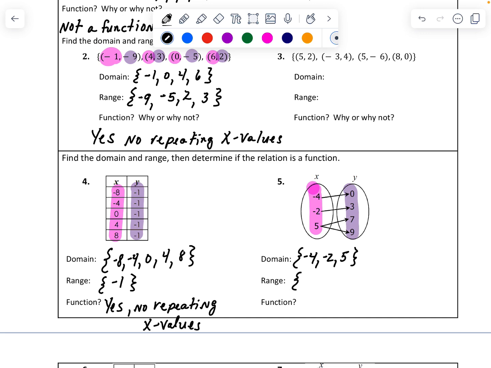Then I have 0, 3, 7, and 9. Function or not a function? Not a function. X equals 5 repeats. So it has 2 outputs.